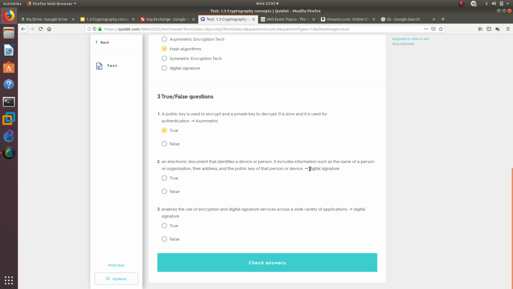This is false because this is a digital certificate. Enables the use of encryption and digital signature services across a wide variety of applications. Use the encryption. So this is false because I believe this is the PKI. So let's see how we did.